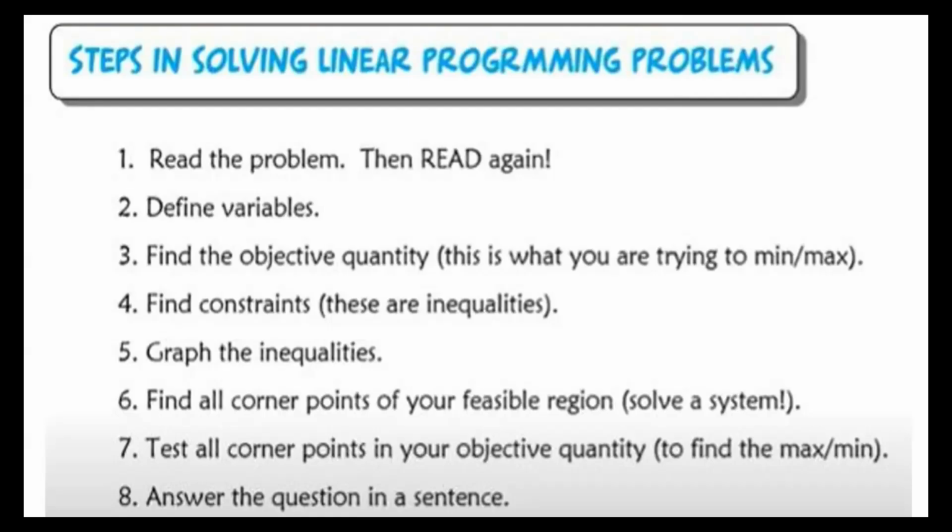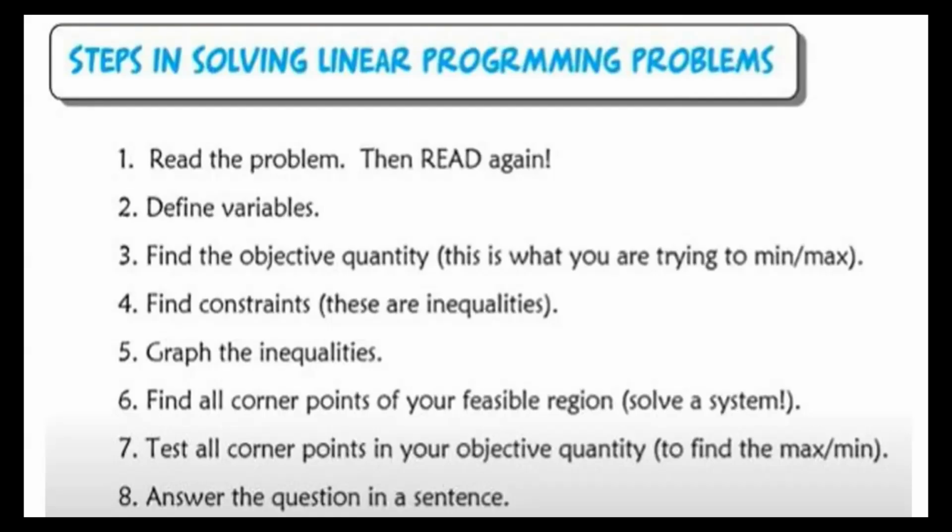You have to come up with a little bit of an inequality really that would spell out what you want to maximize, what you want to minimize. And then they talk about constraints. In any problem, they'll give you some kind of conditions that you want to meet. And then you will attempt to graph the inequalities that you're given.